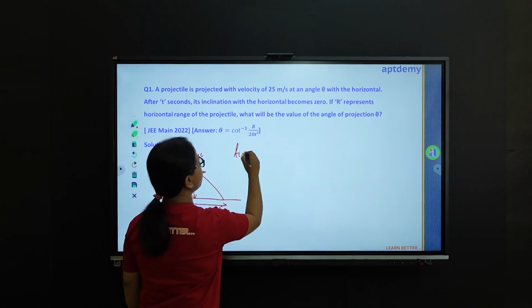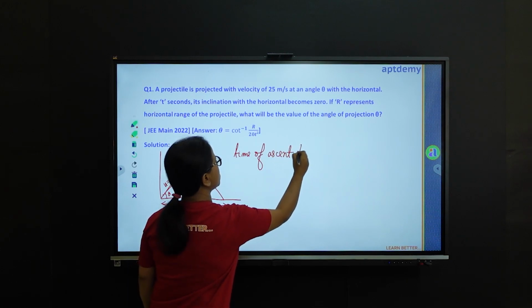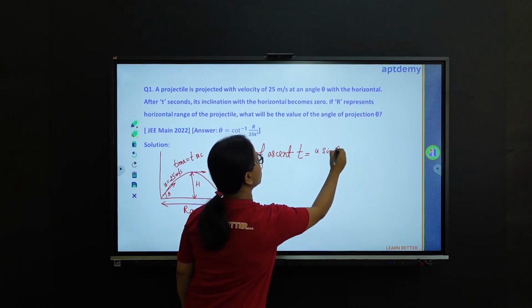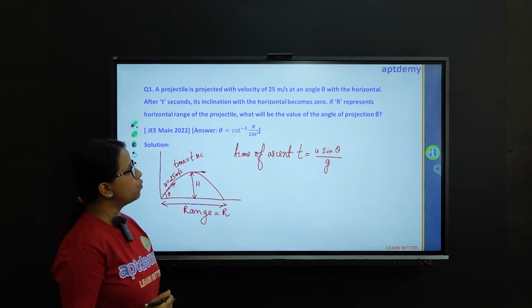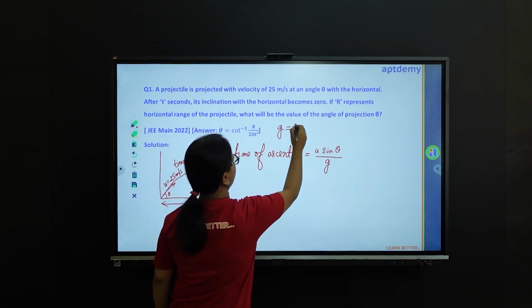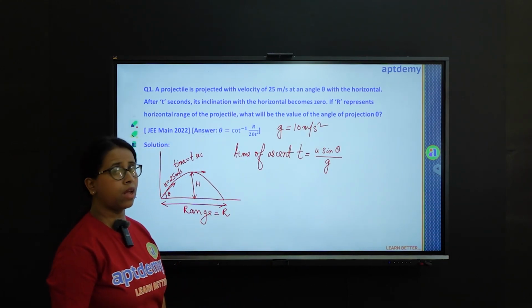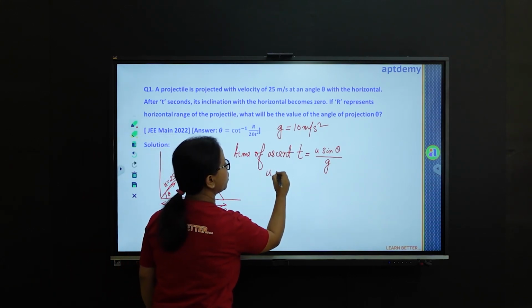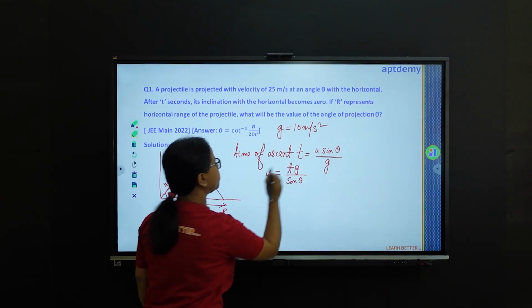So the time of ascent, little t, is equal to u sine theta by g. g is the acceleration due to gravity, which we can assume to be 10 meters per second square. So this is what we have in hand. From here, we try to find out the value of u. So we'll have u equals t g by sine theta.